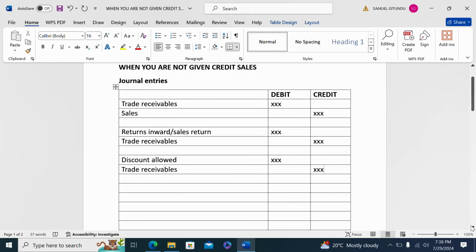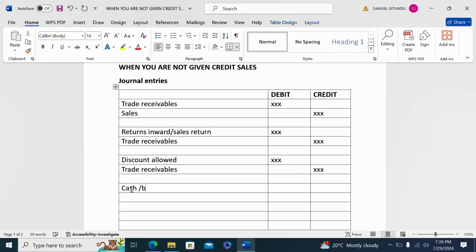At this moment, if the customers pay for the goods after some time, maybe after a month, how do you record that transaction? You debit the cash account because cash is coming in, or the bank account if they have paid through a cheque.